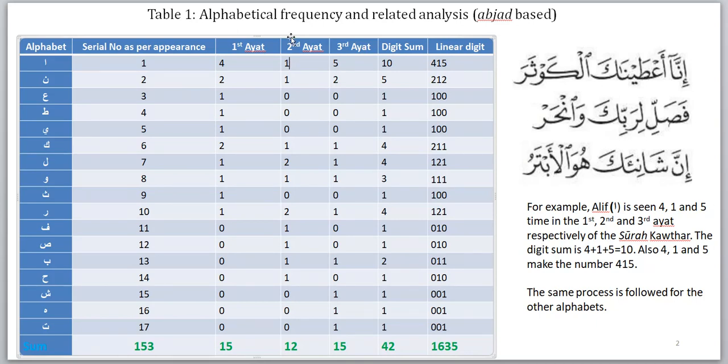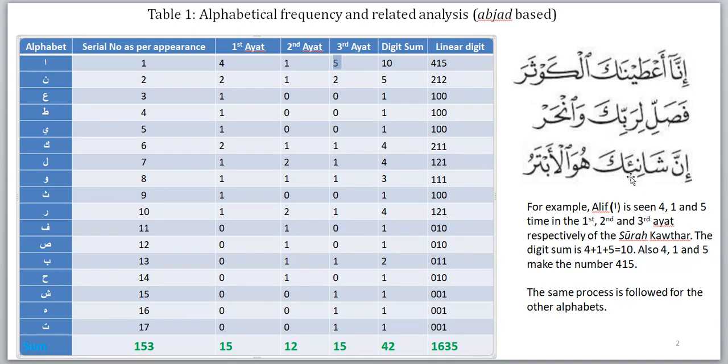In the third ayat, the number of alif is five. Inna shani'aka huwal abtar. The first alif, sha, second alif. Here, alif and hamza are similar, because in abjad calculation, alif and hamza are considered the same.